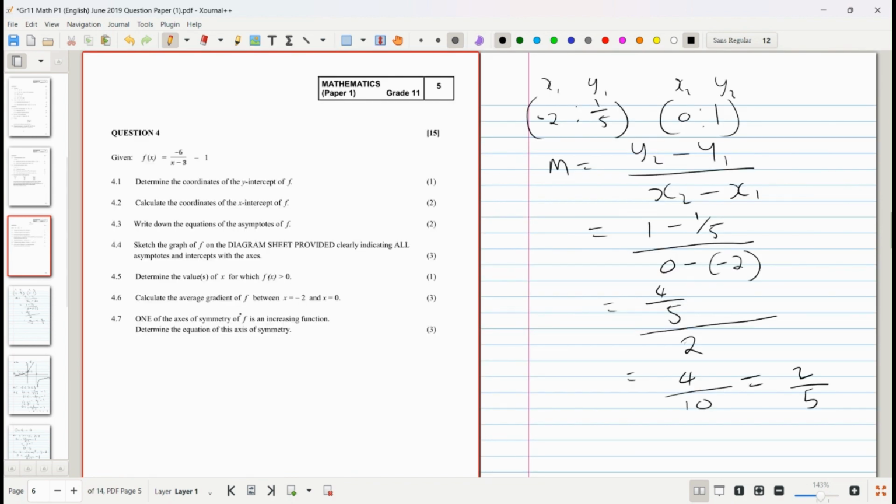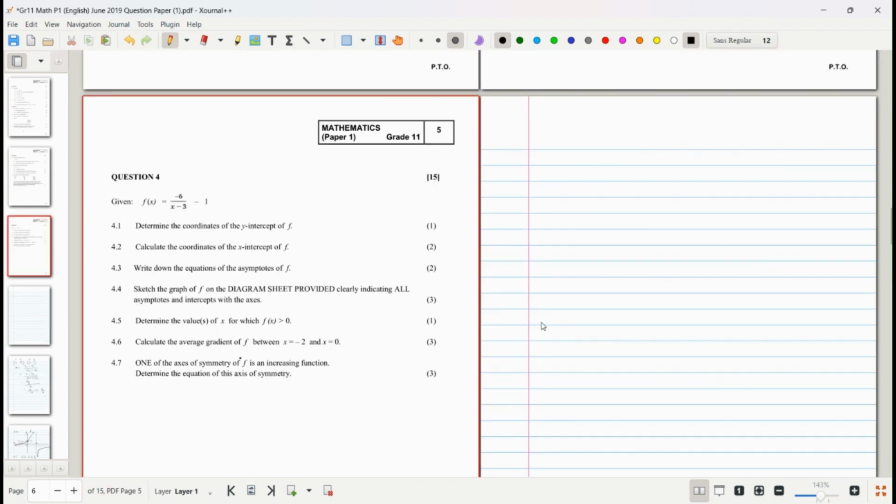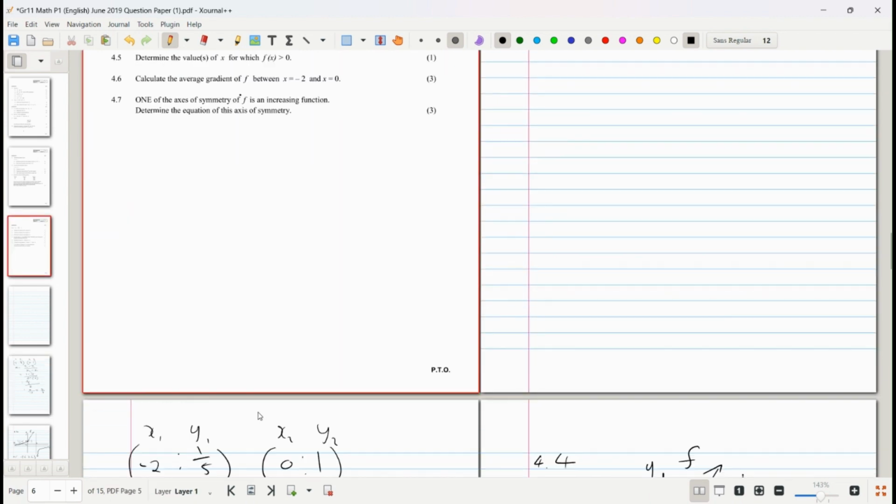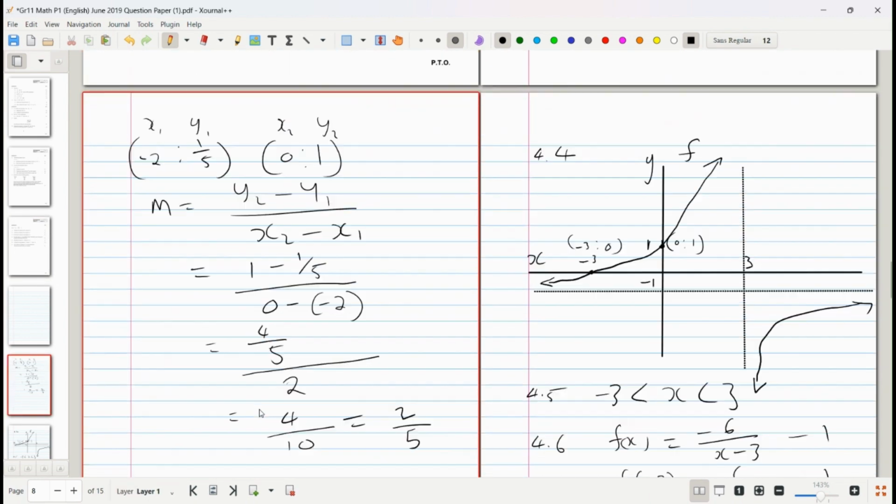So moving forward, they want us to calculate one of the axes of symmetry of f. Okay, they say one of the axes of symmetry of f is increasing. Determine the equation of this axis of symmetry. So for these two graphs to be symmetrical, we need an axis of symmetry.